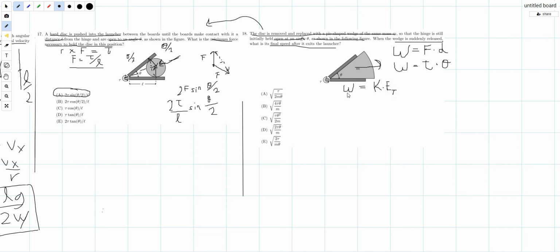So doing that, we can use our work using torque and angular displacement, and we can set that equal to the kinetic energy formula, 1/2 mv squared. So then here, solving for v, we get v is equal to 2 tau theta by m, and then take the square root of that, right, because it's v squared, which gives us answer choice D.